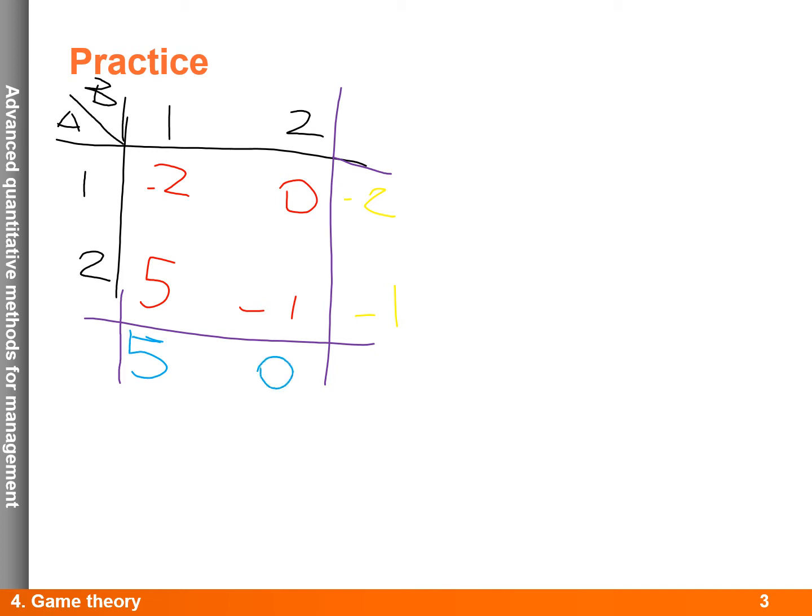So, as you see here, guys, in this part, the maximum of the minimums, the maximin, is -1, and the minimax, the minimum of these two maximums, is 0.